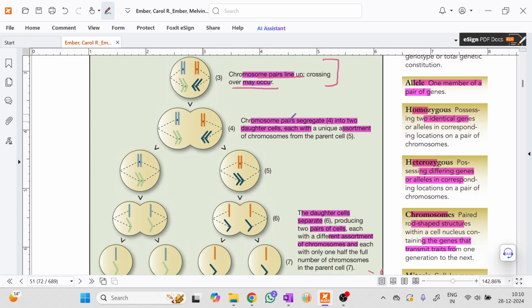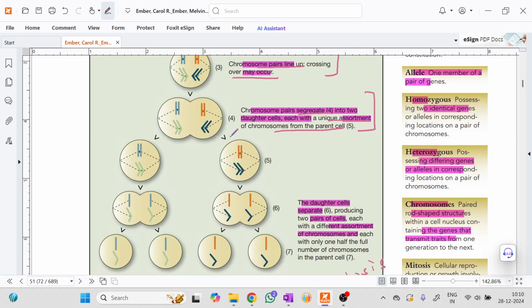Then segregation occurs in diagram 4, and by this segregation, equal numbers and equal characteristics of these alleles or chromosomes get lined up and segregate, and this unique assortment is derived from each of their parents.